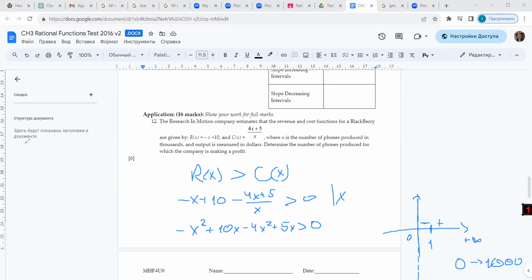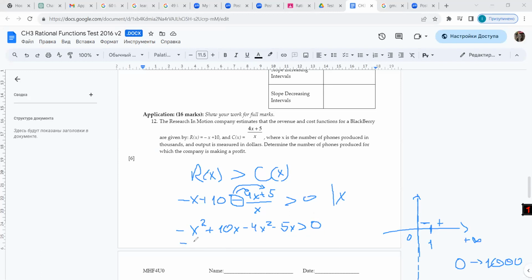Here is supposed to be minus, because this minus is used for 4x as well as for 5 here. So now I combine common terms.